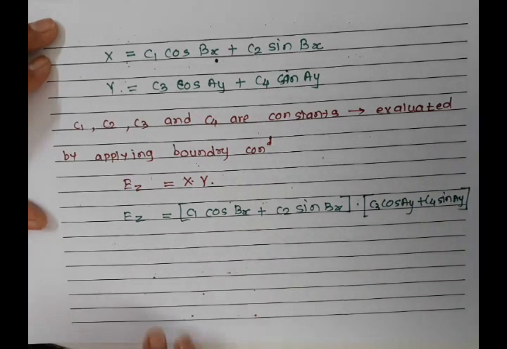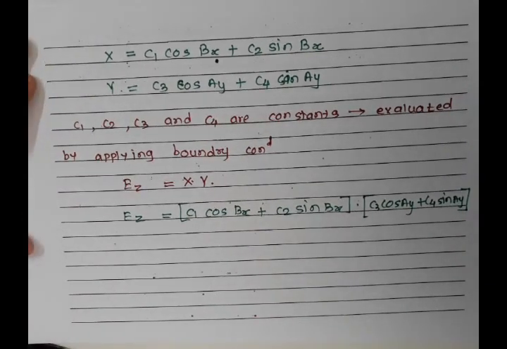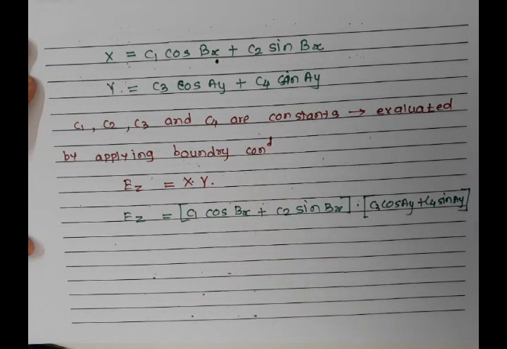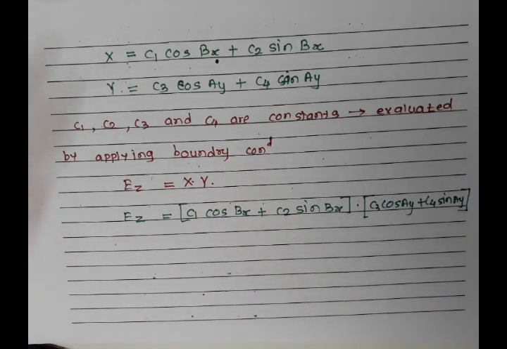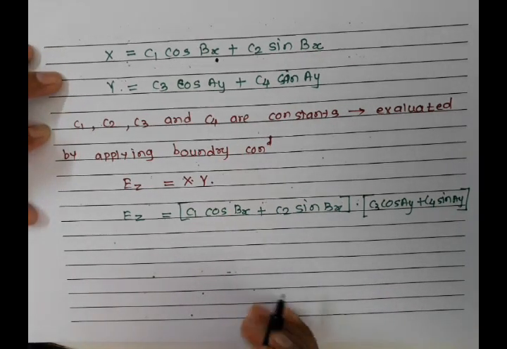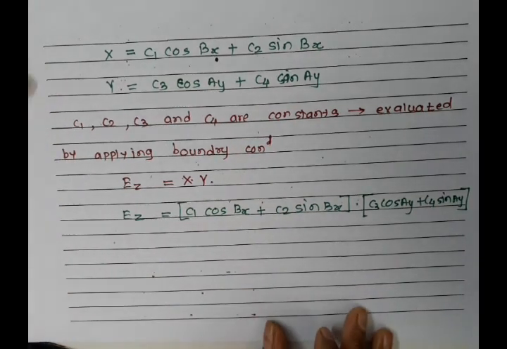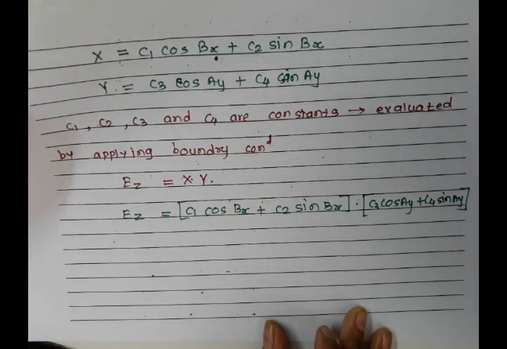So this is something which we are going to find out by applying the boundary conditions. Now here specifically we are assuming that our wave is the TM wave, and it is passing through the rectangular waveguide. So whenever we are talking about the rectangular waveguide, we apply the boundary conditions. Now we know how to find the Ez, so we'll apply the boundary conditions.